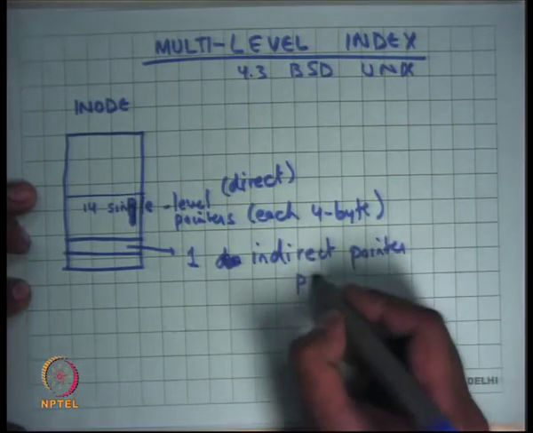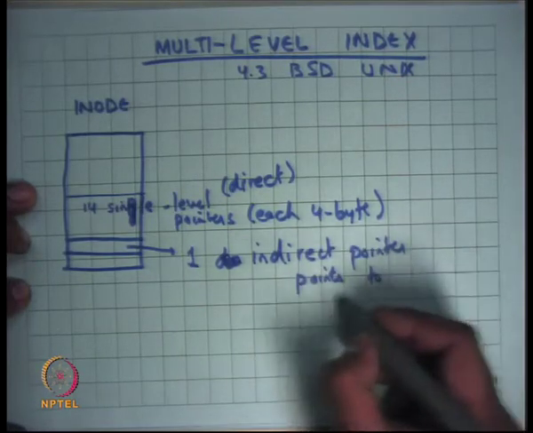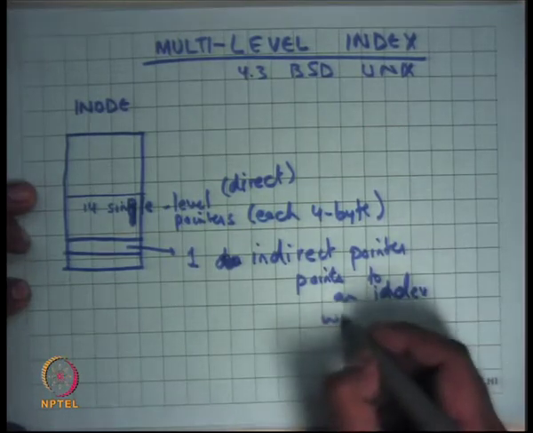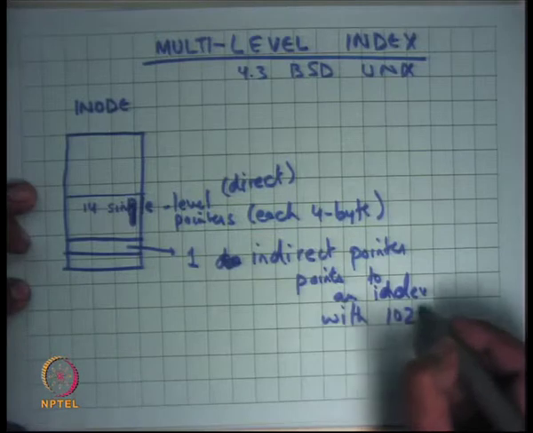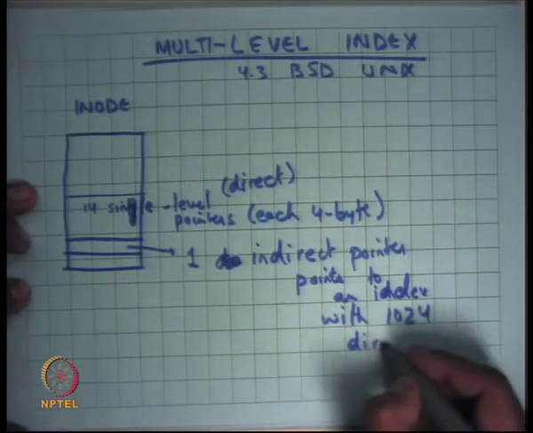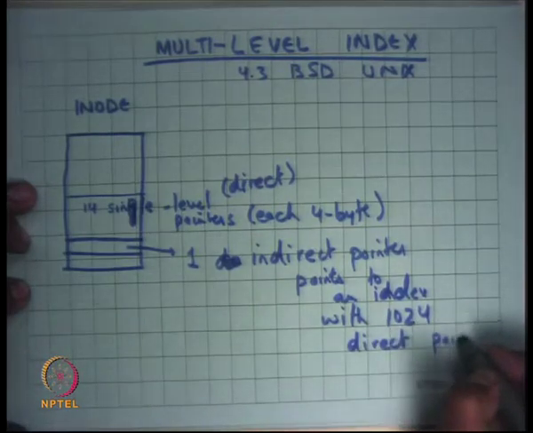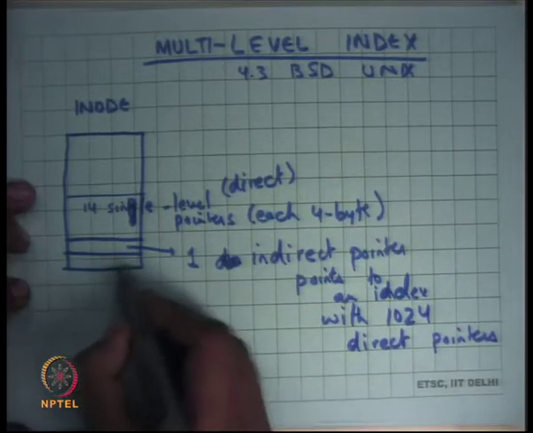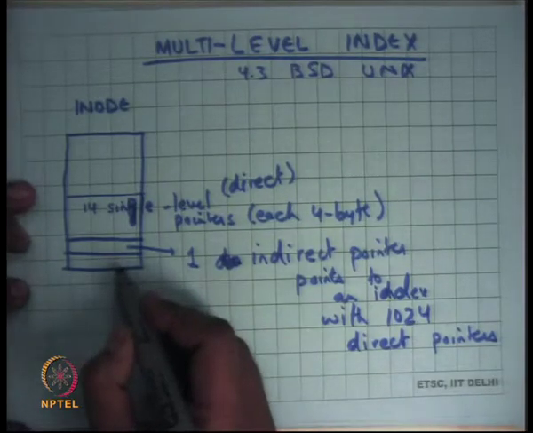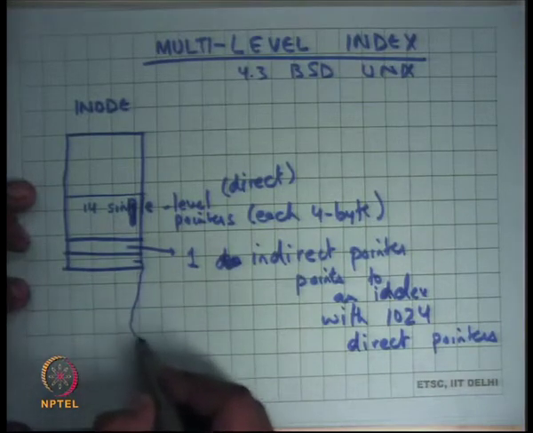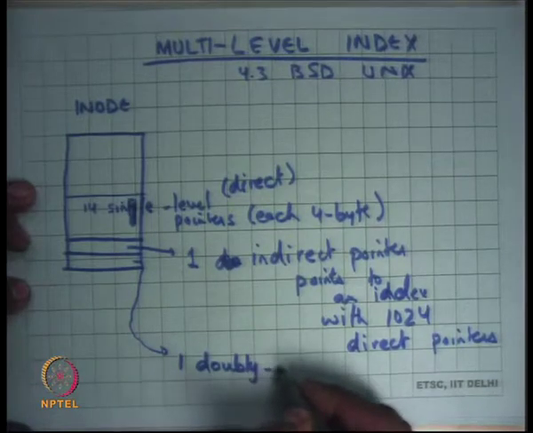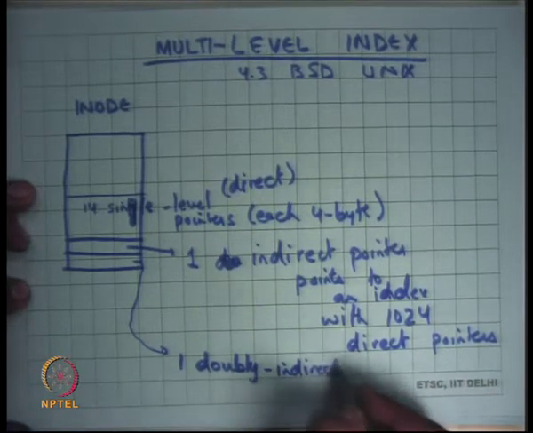that points to an index with 1024 direct pointers. All right. And the last entry points to one doubly indirect pointer.